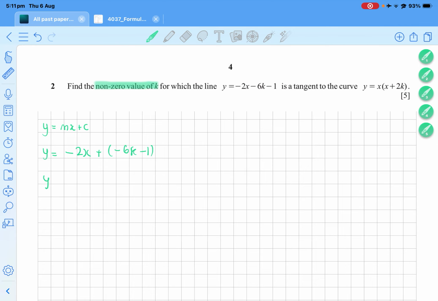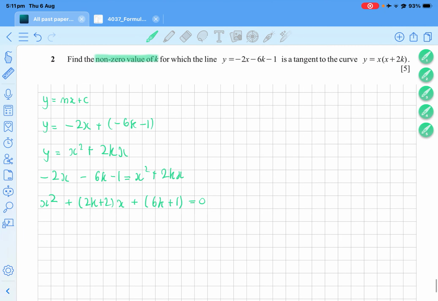The other y is x squared plus 2kx, so k is a constant. So I could say that minus 2x minus 6k minus 1 is equal to x squared plus 2kx. So I could take this thing all the way over to there. So I'll get x squared and then 2k plus 2 times x and then 6k plus 1 as a constant.